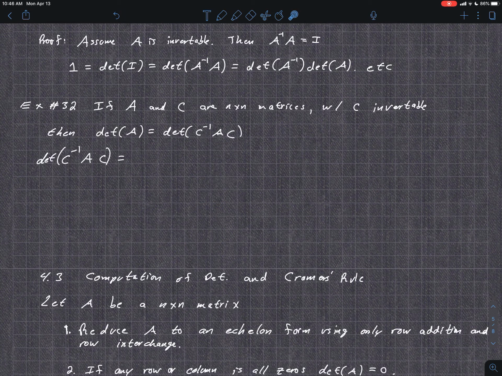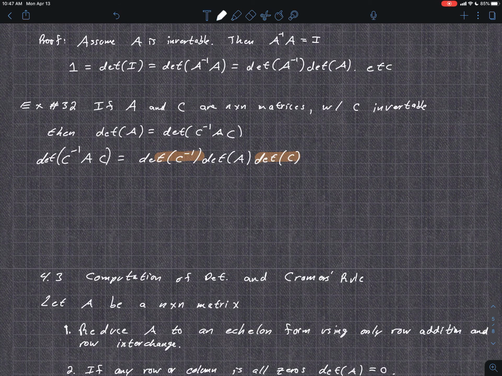Once you're in the reals, it's actually called a field, but you have commutativity, so you can commute and then go back. So maybe you can see that right away, but you get determinant of C inverse, determinant of A, determinant of C, and now we're going to regroup these together.